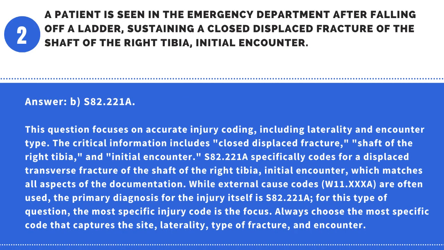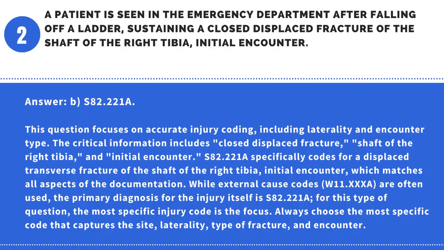Answer B. S82.221A. This question focuses on accurate injury coding, including laterality and encounter type. The critical information includes closed displaced fracture, shaft of the right tibia, and initial encounter. S82.221A specifically codes for a displaced transverse fracture of the shaft of the right tibia, initial encounter, which matches all aspects of the documentation.